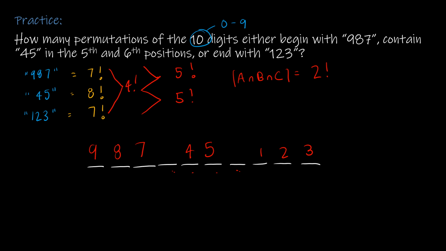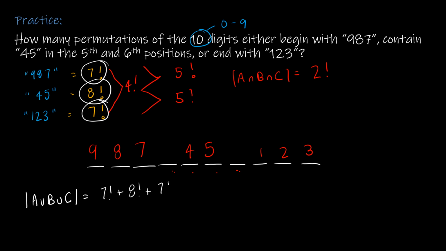So A union B union C will be found by taking A, which is 7 factorial, plus B, which is 8 factorial, plus C, which is 7 factorial.